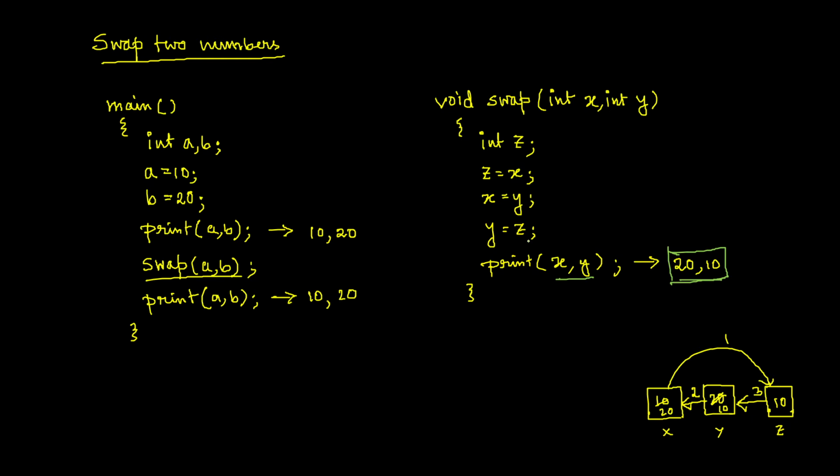So the question is, without writing a return statement, that means keeping this swap function void, how can I reflect the result in the main function?